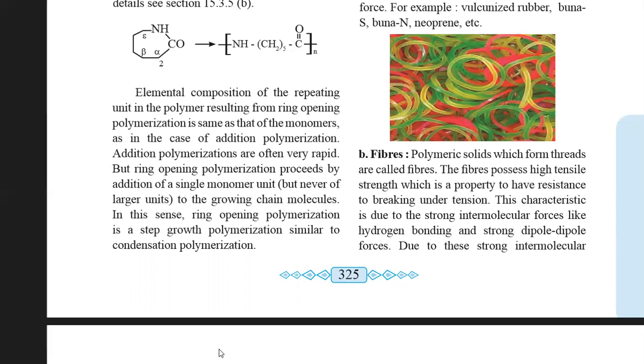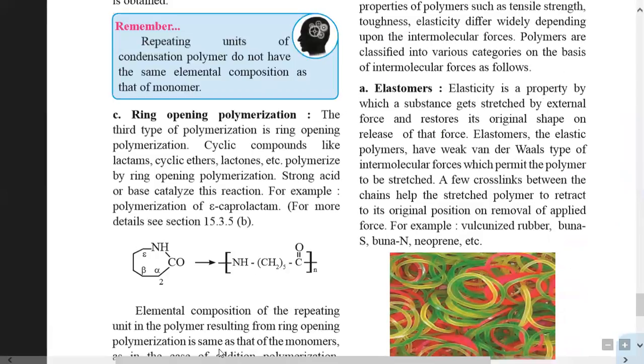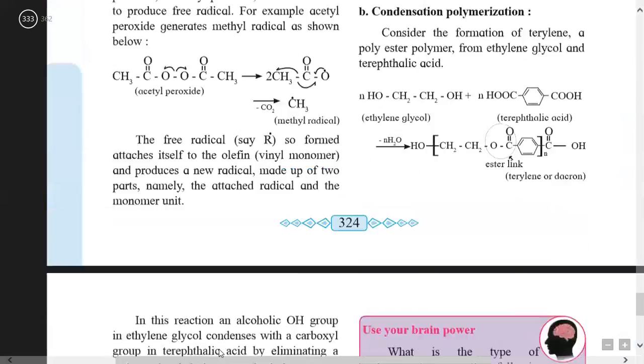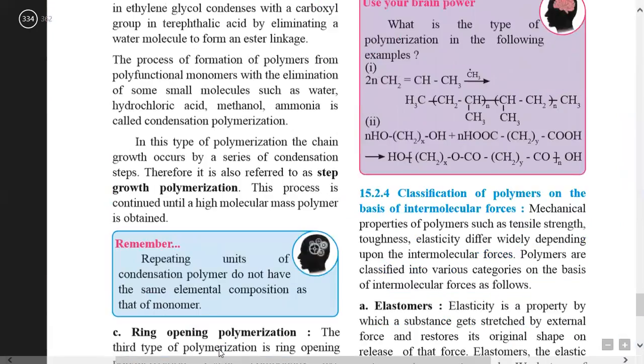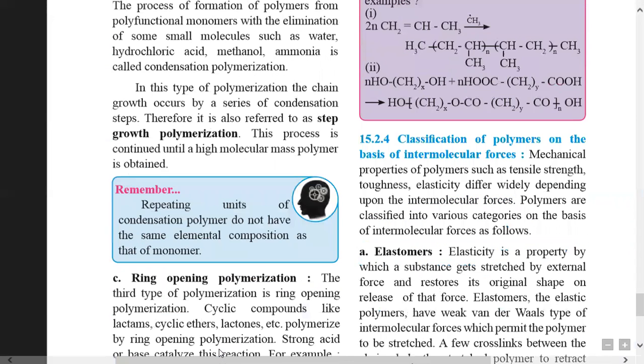In this case, ring opening polymerization is a step growth polymerization similar to condensation polymerization. So these are the three types of polymerization: addition, condensation and ring opening.